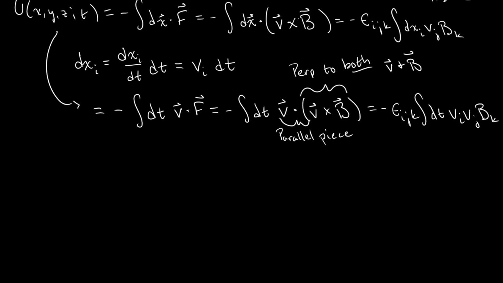So I'm picking out the piece of v cross b which is parallel to v, but v cross b by definition is perpendicular to v. So this automatically gives me 0. It doesn't matter what b is, what this vector looks like, as long as I can write my force as a cross product between the velocity and this vector.